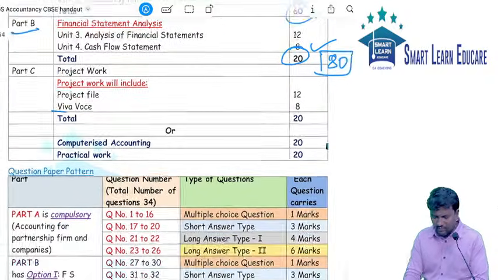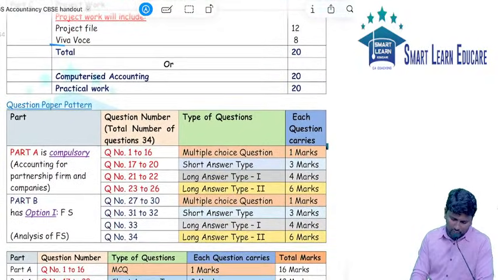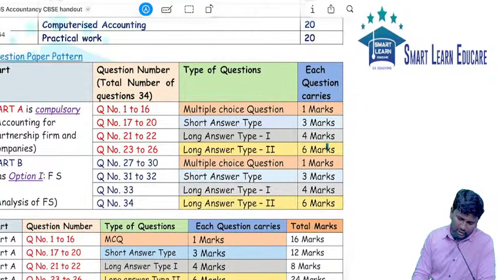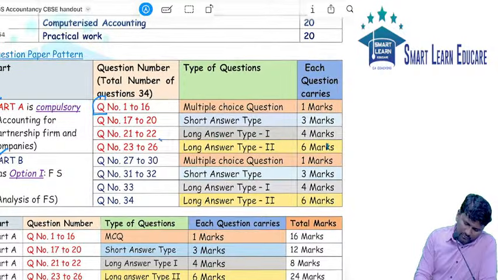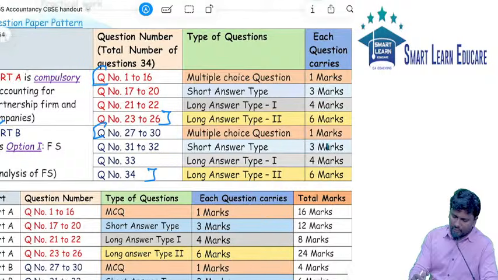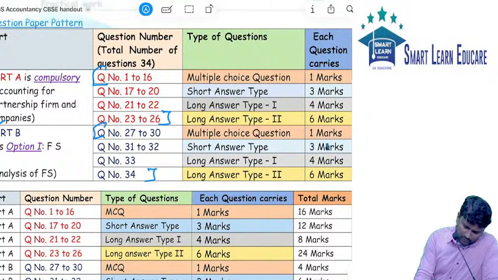What is the pattern of the question paper? In your question paper, we have two parts, part A and part B. In part A, we have question numbers 1 to 26, and in part B, question numbers 26 to 34. In each part, what type of questions will come and what is the marks for each question?